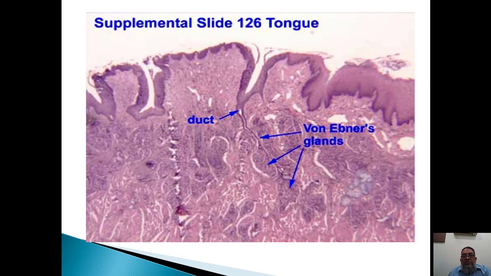Now look at the location of this von Ebner gland. So these are the circumvallate papillae, these are trenches of the circumvallate papillae. So this is the duct of this von Ebner gland. So von Ebner gland pours excretion in the duct and it will move into the trenches where the taste buds are present.